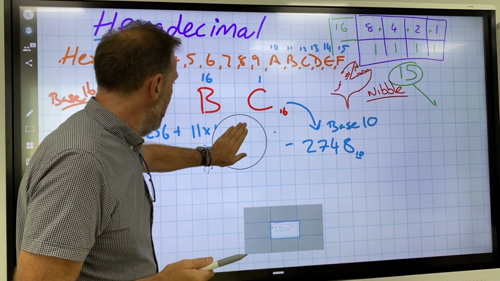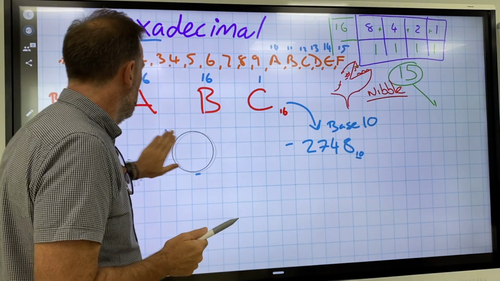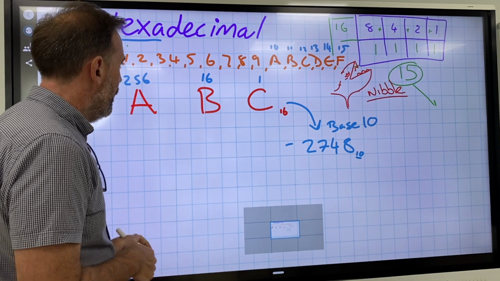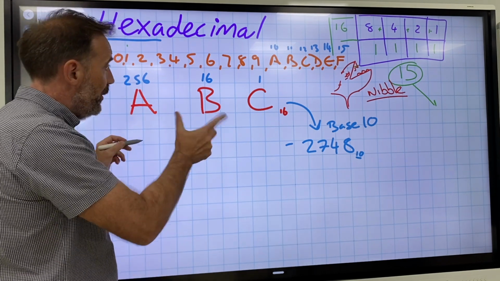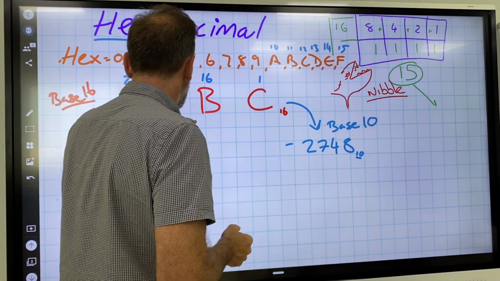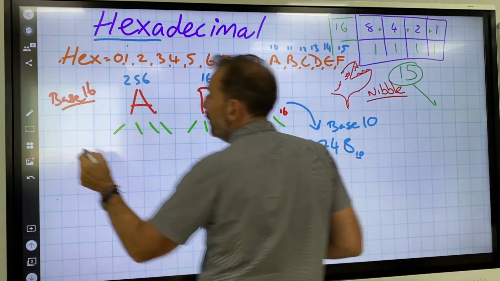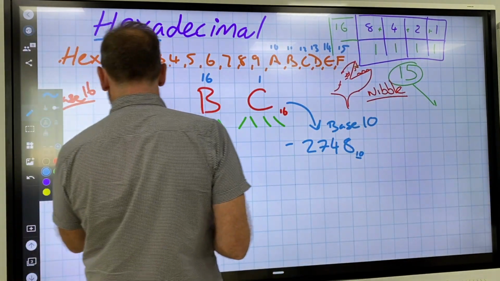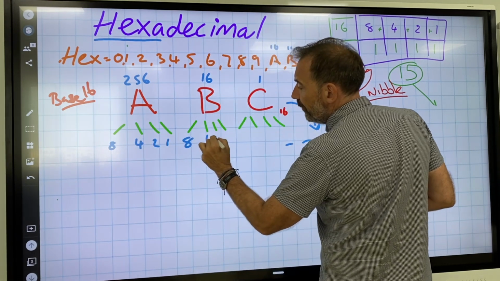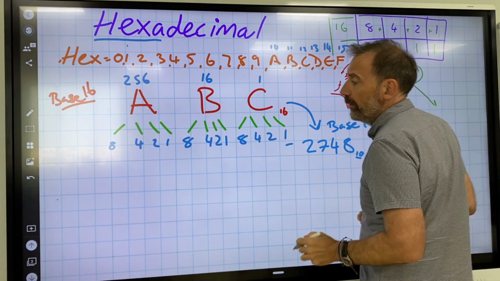But again, remember, to get it into binary, we're going to turn each one of these into nibbles. 8, 4, 2, 1, 8, 4, 2, 1, 8, 4, 2, 1.